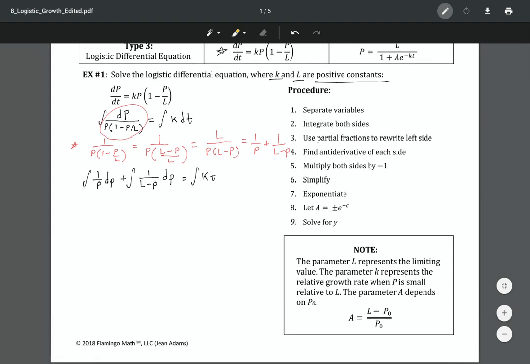All right, so when I integrate this, I'm going to end up with the natural log of the absolute value of P minus the natural log of the absolute value of L minus P. Remember that it's a minus natural log because when I try to use substitution like this, for example, where L is a constant, du would be negative dP.